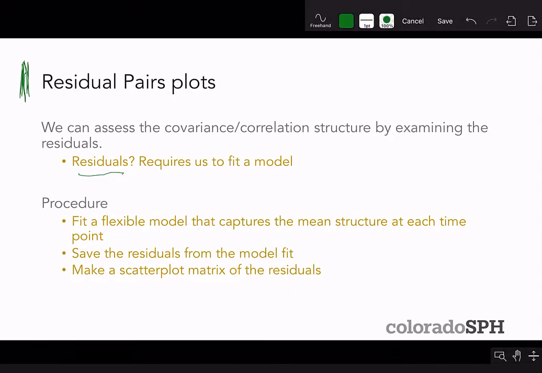And when we're looking at residuals, that requires us to fit some kind of model. And so the procedure that we're going to take is, in the first step, we fit a very flexible model that captures the mean structure at each time point. Then you save the residuals from the model fit, and you make a scatter plot matrix of the residuals.